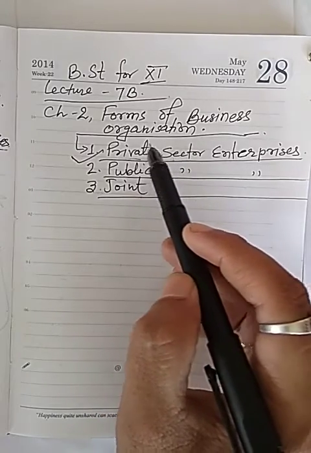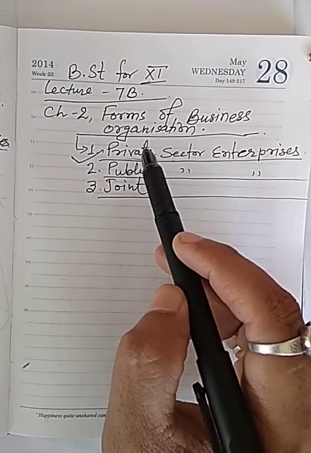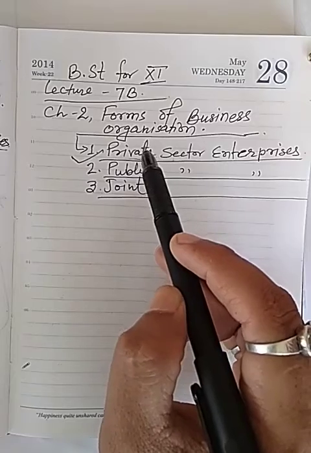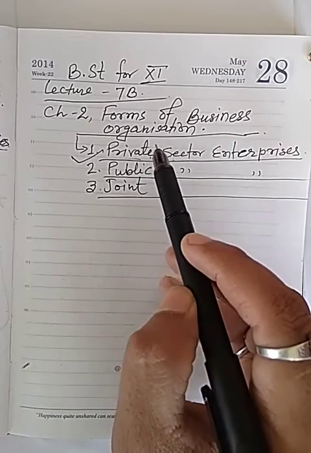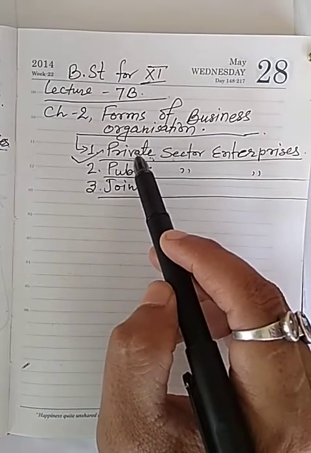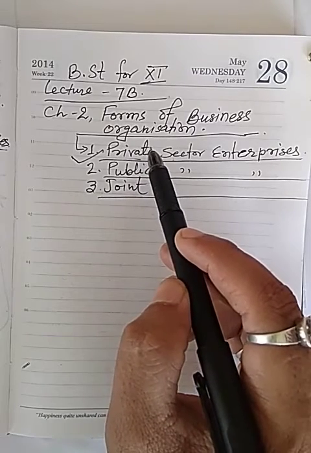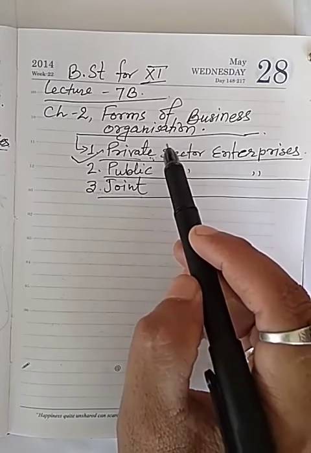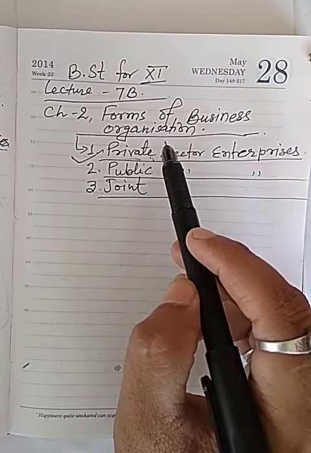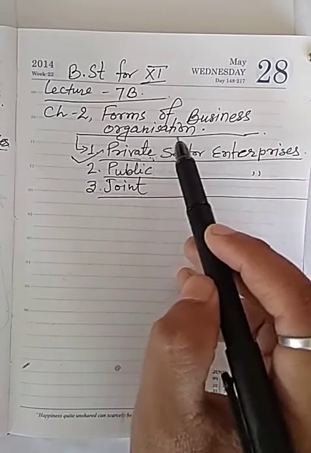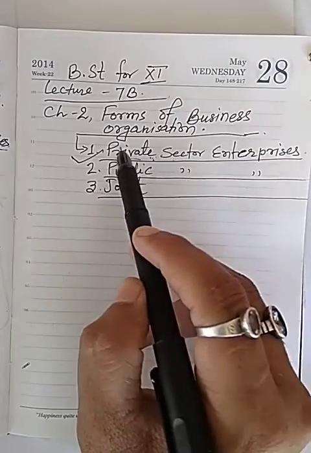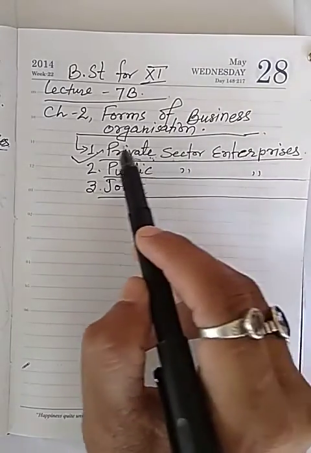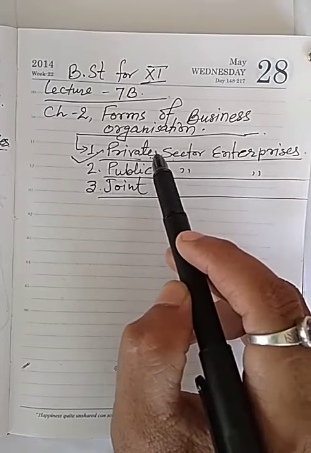These enterprises work with the main motive of earning profit. Examples: Reliance India Limited, Tata Company, Birla Company, Wipro, etc. are the best examples of the private sector.